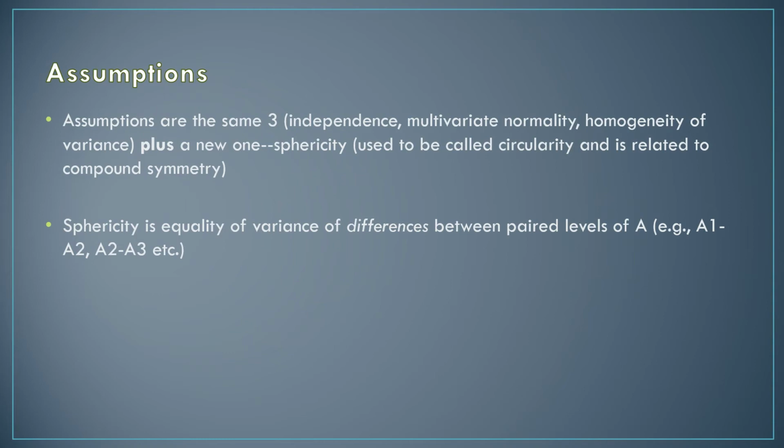And so sphericity is really looking at, do you have equal variances between the paired levels of your independent variable? So for your within subject designs, you are comparing every participant to themselves at different levels of the independent variable.